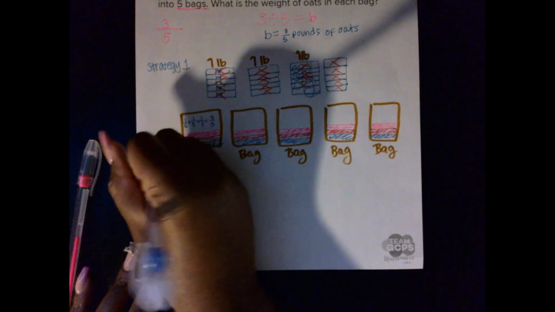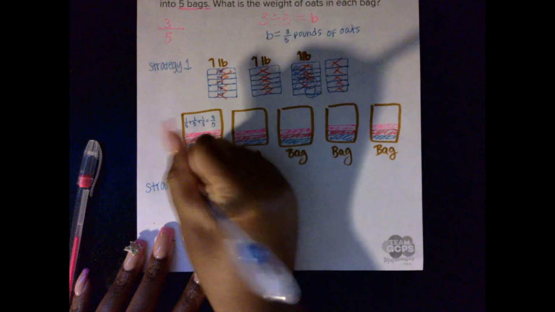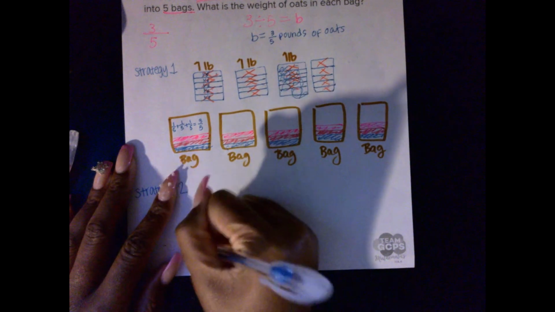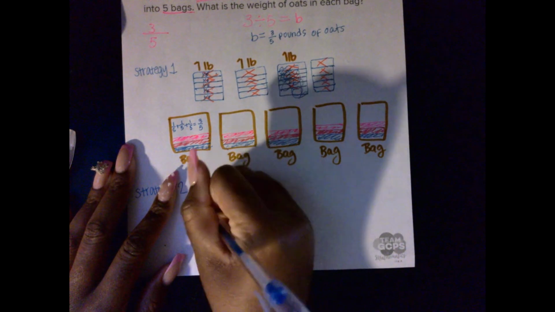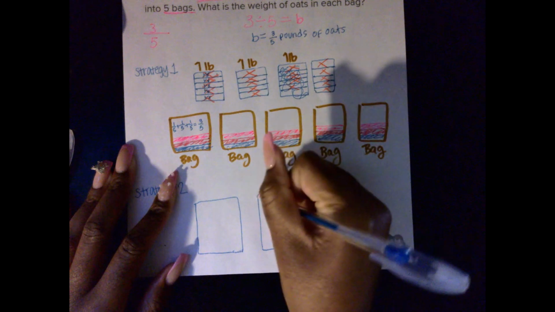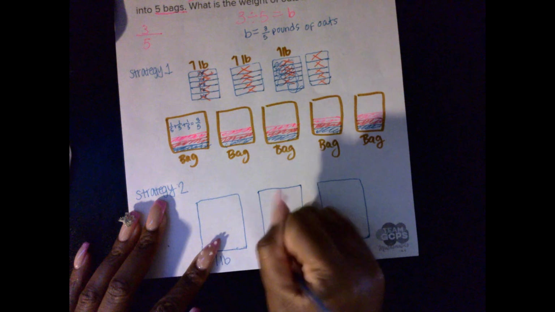If I was to do this the other way, strategy 2, like the runners, I'm going to draw out my 3 pounds. So each rectangle is going to represent a pound of oats. 1 pound.